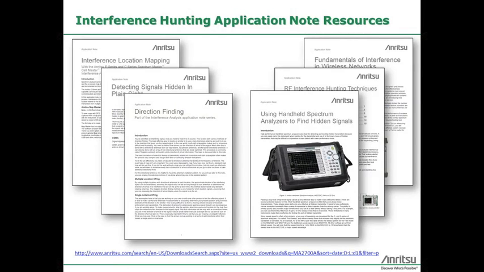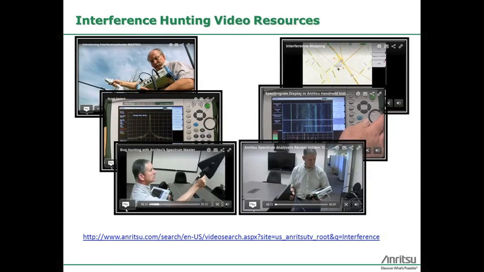I mentioned we have a number of application notes on direction finding and finding hidden signals and all kinds of things to help you do your job. And numerous videos showing how to use the tools to make interference hunting easier. Those are located on the Anritsu site, and a lot of them are also on YouTube.